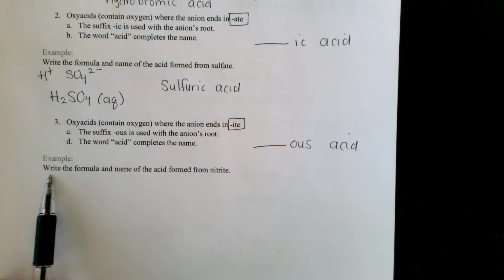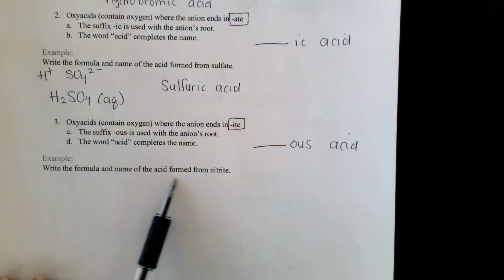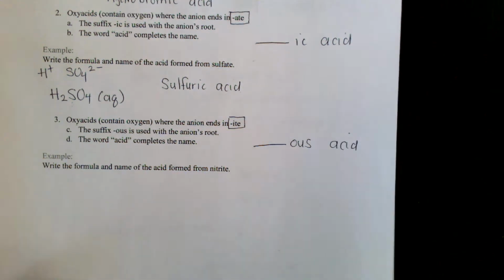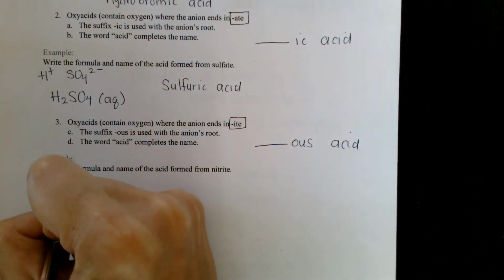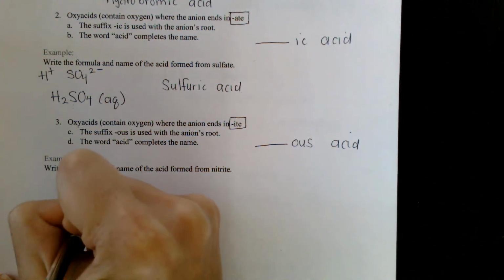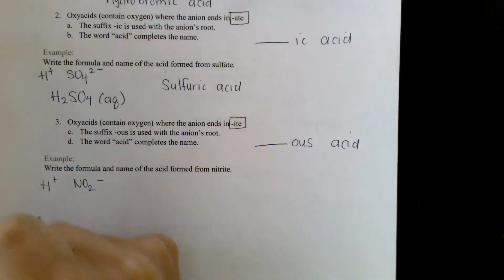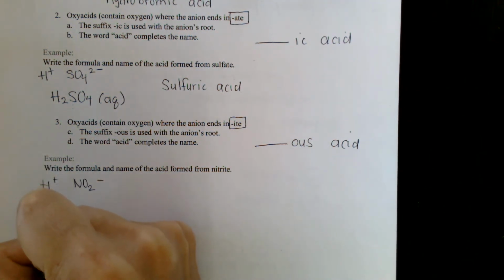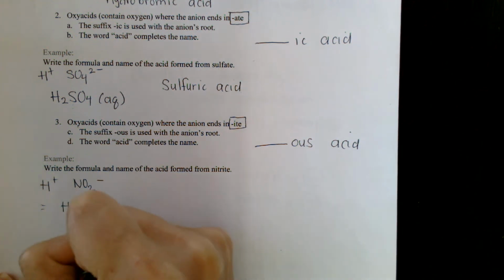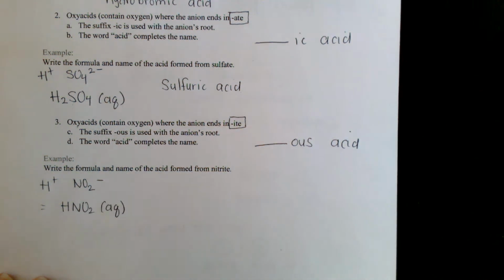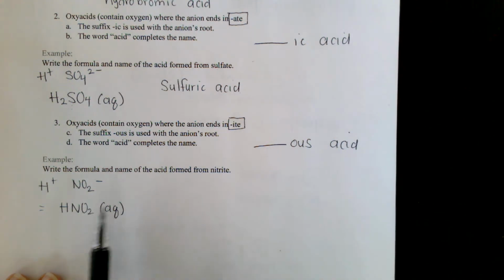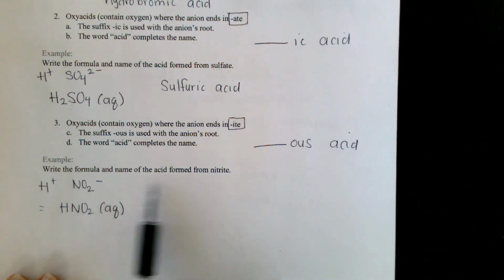Okay, so for example, the formula and the name of the acid formed from nitrite. So if you look at your polyatomic ions, nitrite is NO2 minus. An acid, so we know it's H plus. So our formula is HNO2, where again we have (aq) to show that it's an acid. So our name, blank-us acid, our root, it's a nitrite.